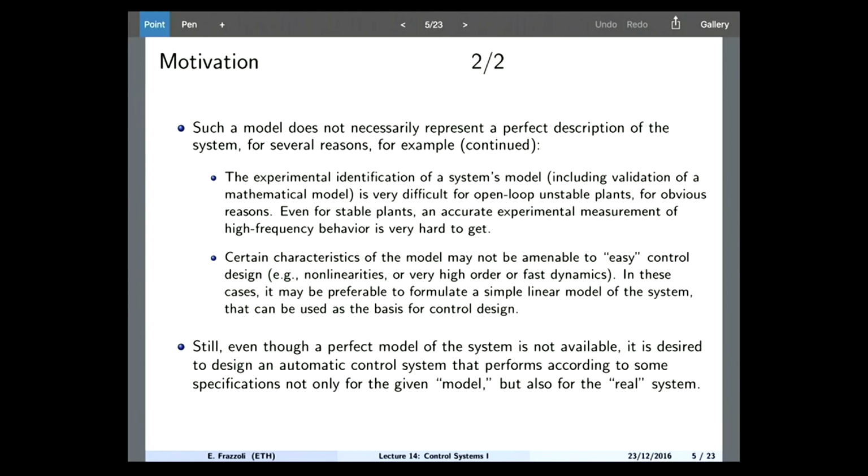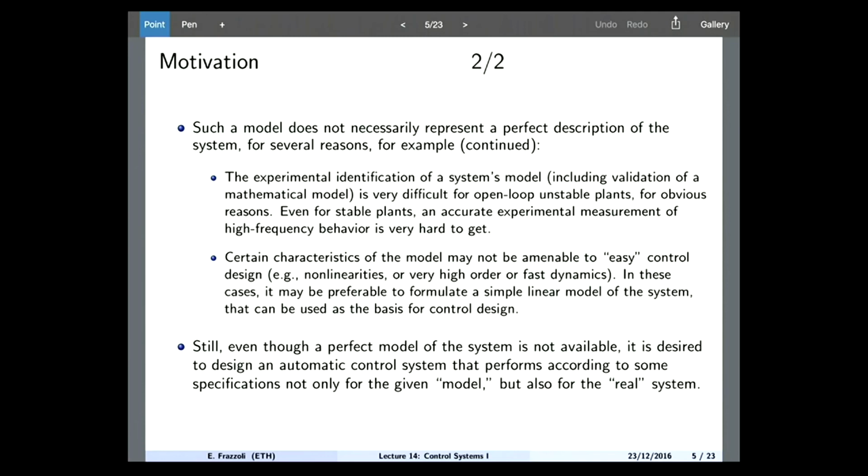Well, very often it may be difficult for you to capture exactly the data from the behavior of the system because of measurement noise, or maybe just the behavior of your system is so complicated that it cannot be captured with the model that you are able to handle.